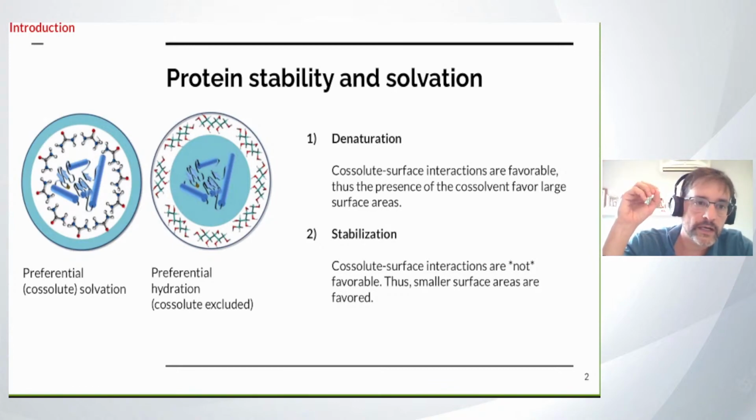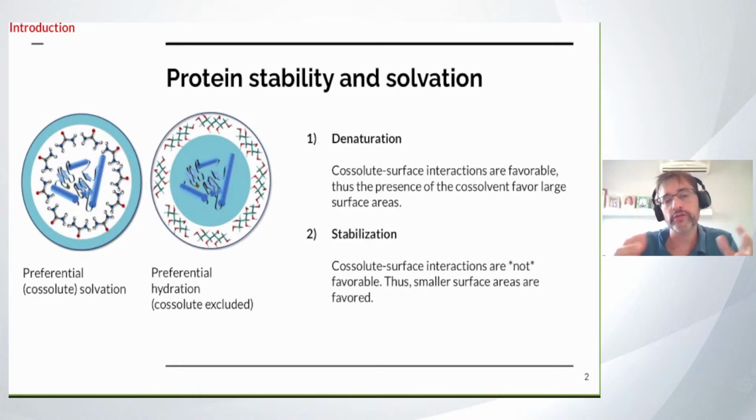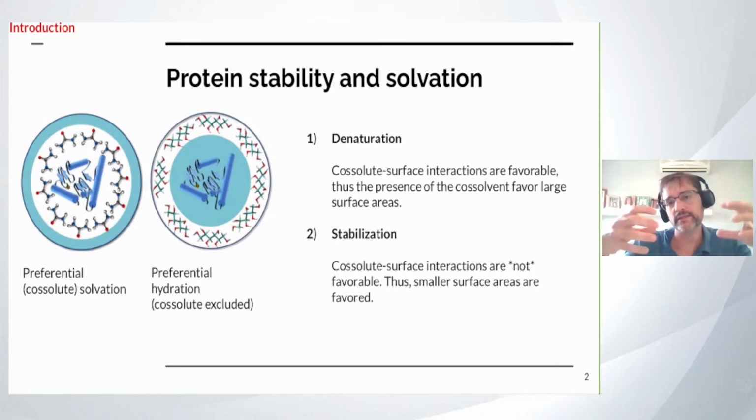Therefore, a co-solvent that interacts very strongly with the protein surface tends to promote protein denaturation, because denaturation generally leads to unfolding, and unfolded structures have, in general, greater surface area than folded structures.